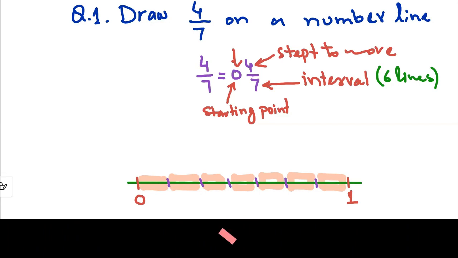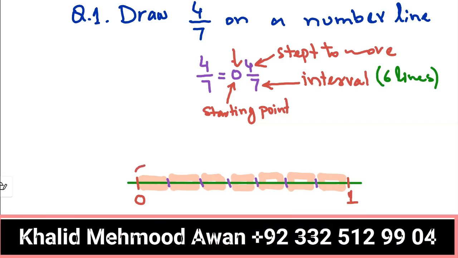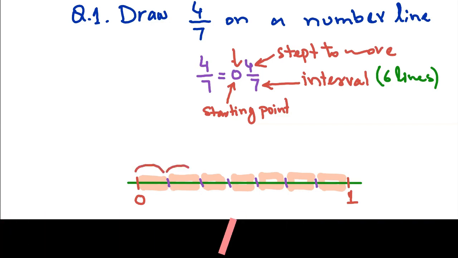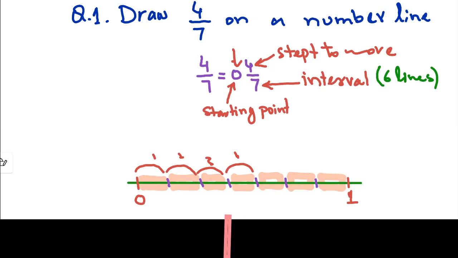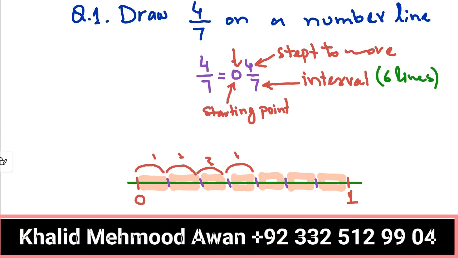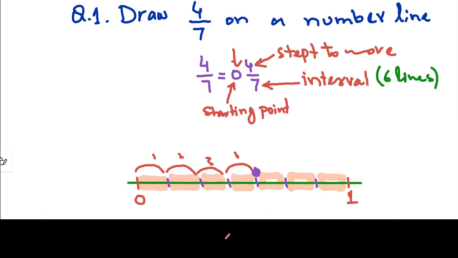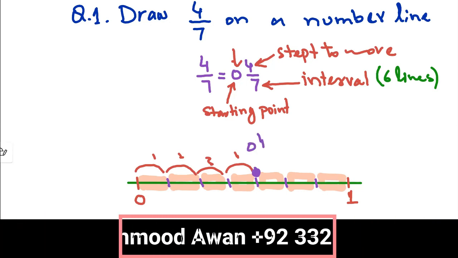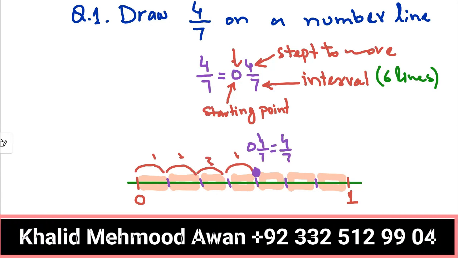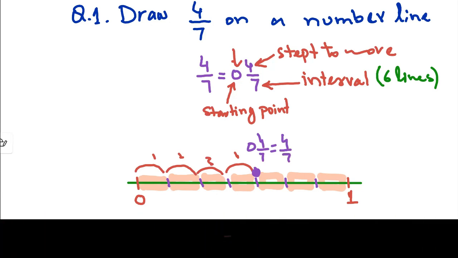So one step, the two step, third step, and fourth step. So the fourth step is describing the position of our 4 by 7, 0 whole 4 by 7, or we can say that this is 4 by 7, and that is our position on a number line.